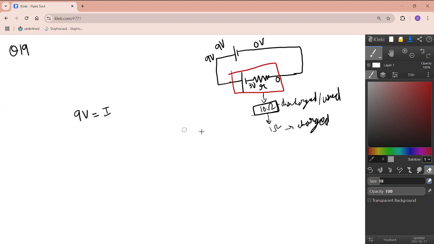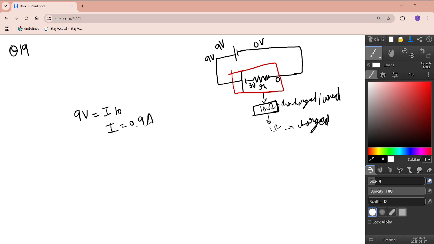So the current gets to be 0.9. And if we take it as 1, for the second case, we get 9. So what's wrong in this argument? Why is this 9 volt not equal to this? I'll tell you why we cannot use it.